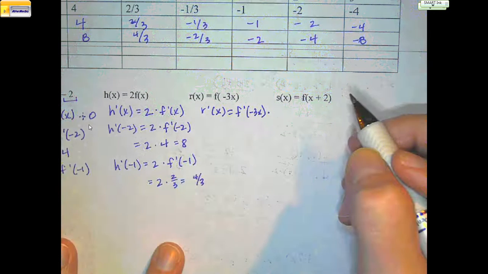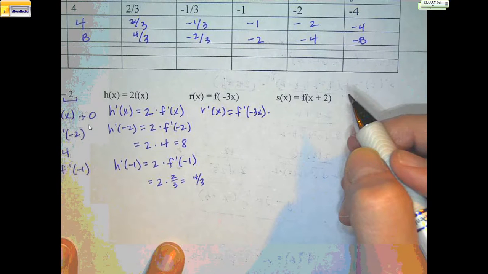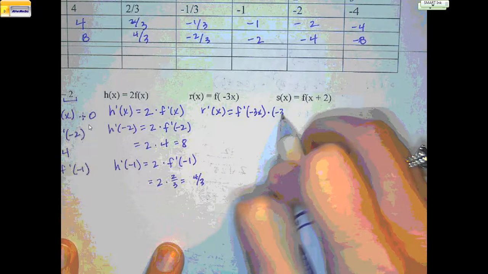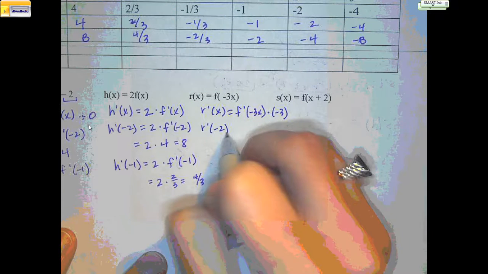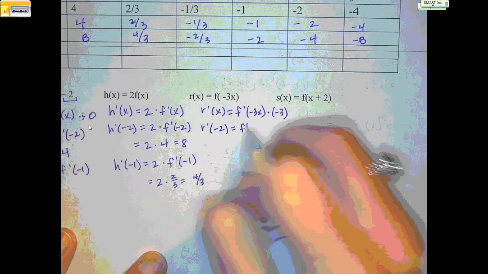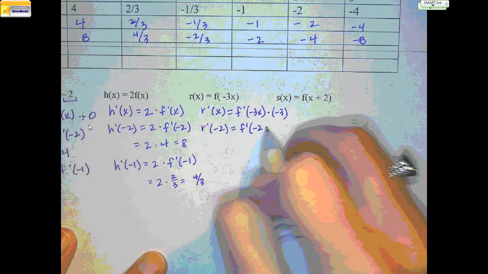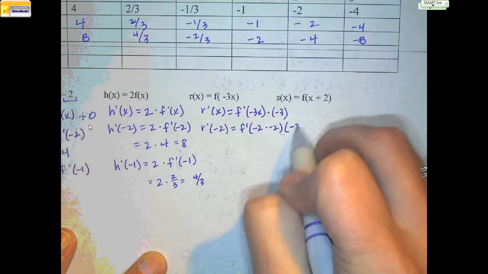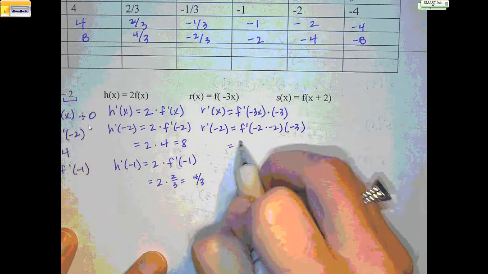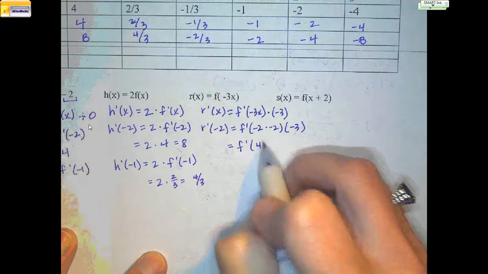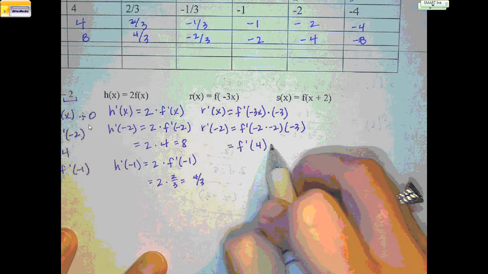What's the derivative of the inside? -3. So if I want the derivative of r at -2, everywhere I see an x, I put a -2. So I really need f at 4 times -3.